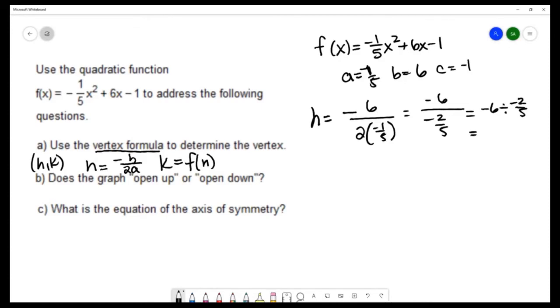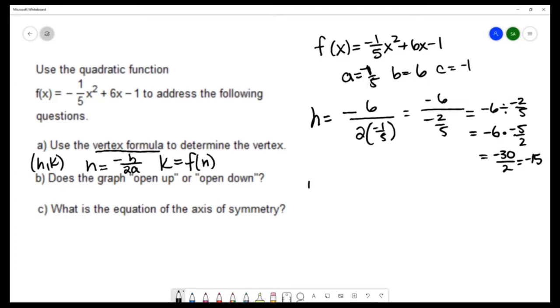We're going to multiply by the reciprocal, so that gives negative 6 times negative 5 over 2. So when we multiply, that's going to give negative 30 over 2, which simplifies to be negative 15. So we have negative 15 for our value of h, the x-coordinate of our vertex.